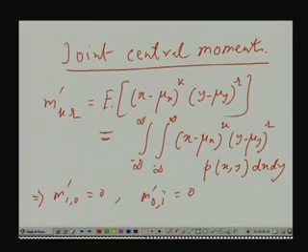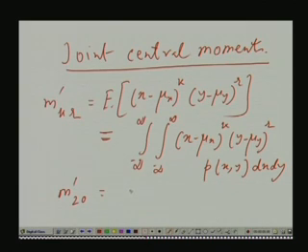How about m prime 2 0? That is nothing but expected value of x minus mu x whole square.